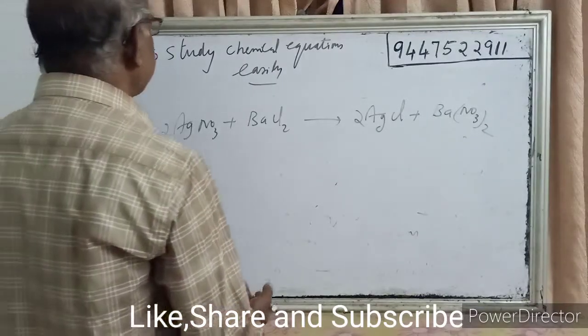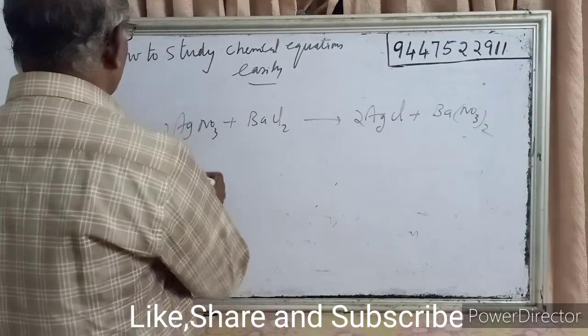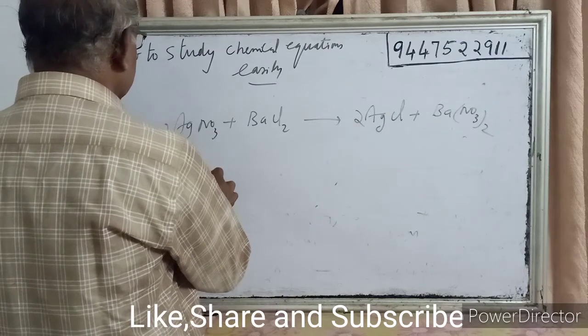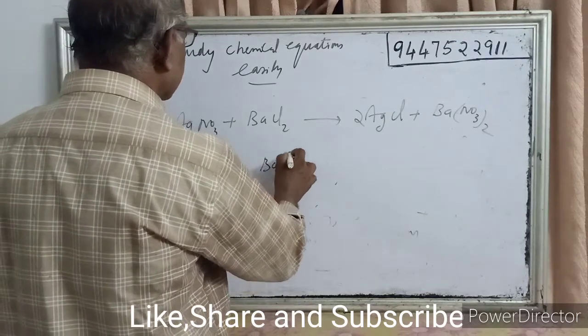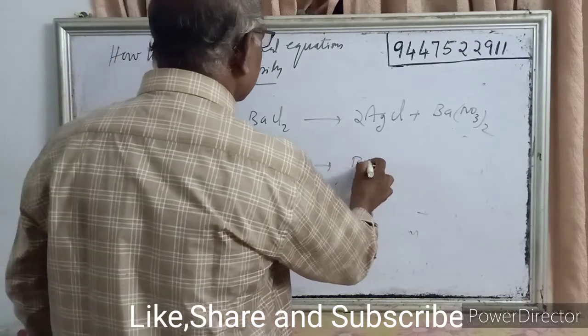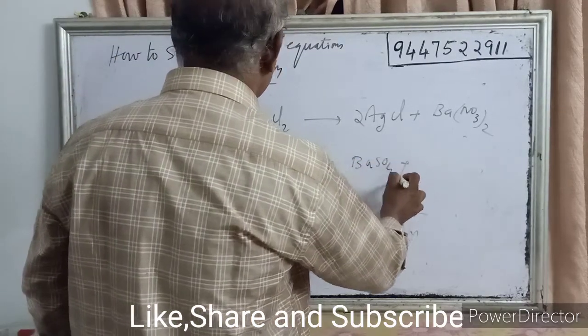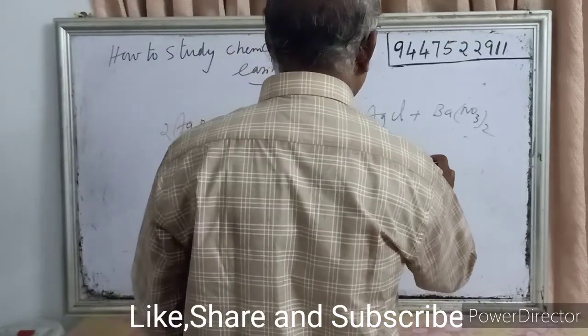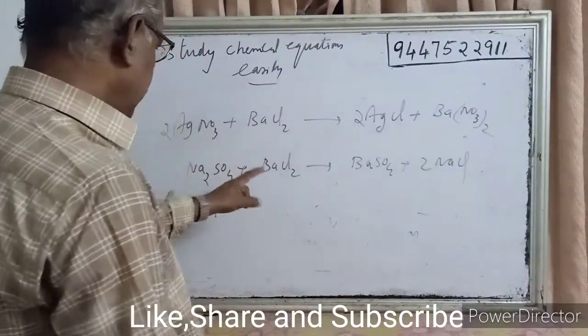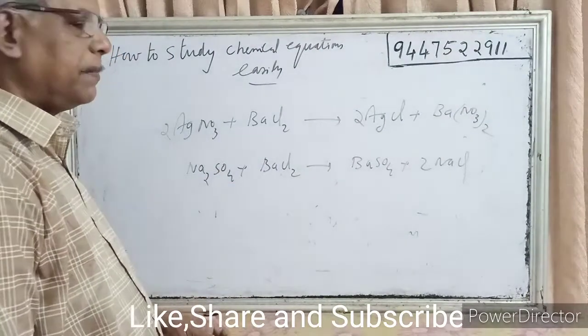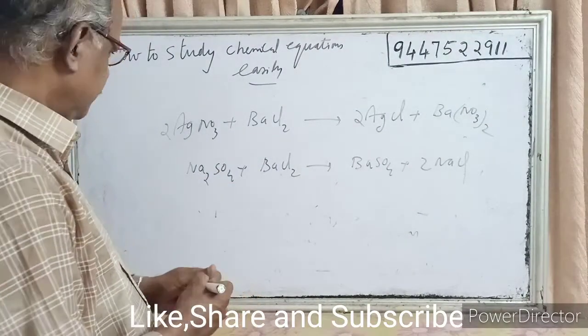Similarly, sodium sulfate plus barium chloride gives barium sulfate plus sodium chloride. So here sulfate and chloride are exchanged. That is a double displacement reaction.